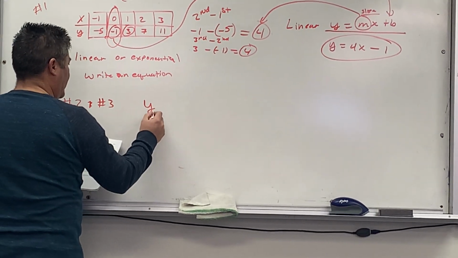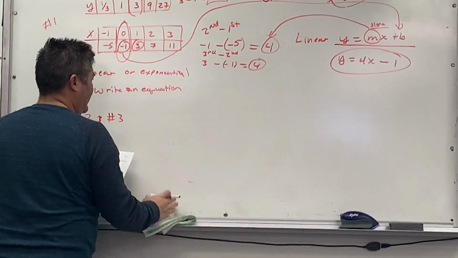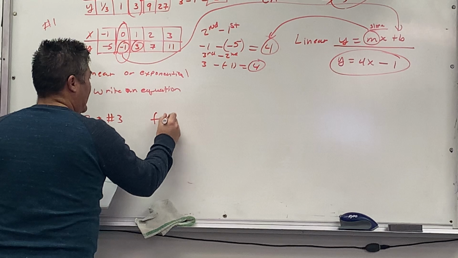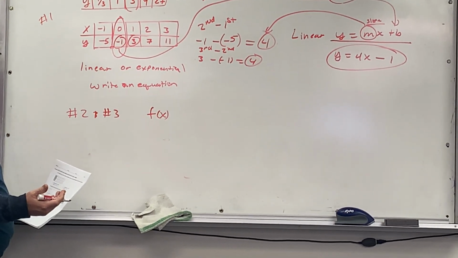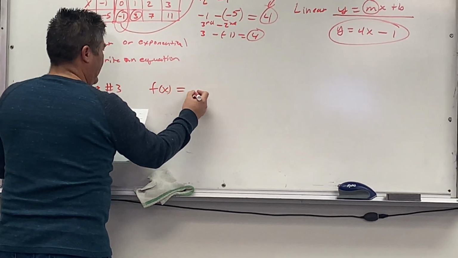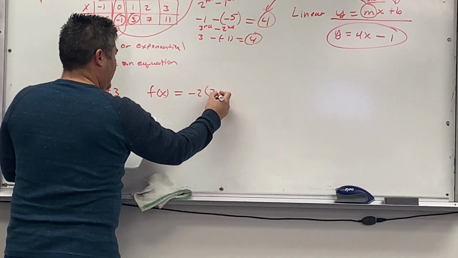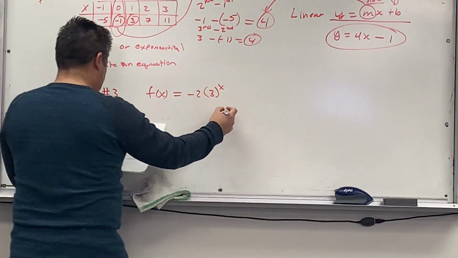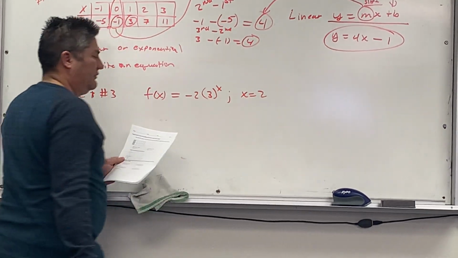It's going to give you an equation, y, or sometimes I'll write it the way they write it, because it can sometimes make it harder for some people. Y or f of x doesn't matter. It's the same. That's saying find the y value. So f of x, how they write it, equals -2 parenthesis 3 to the x when x equals 2.